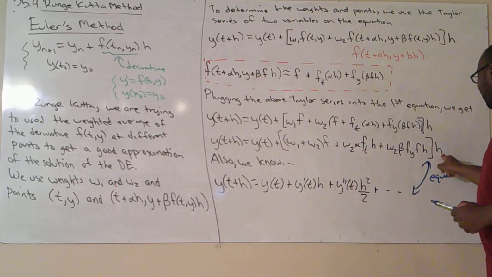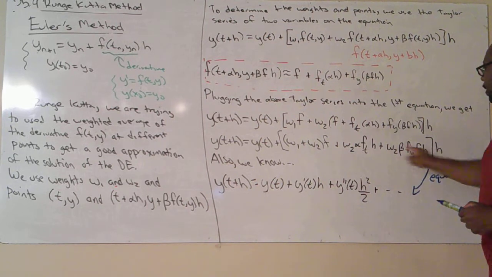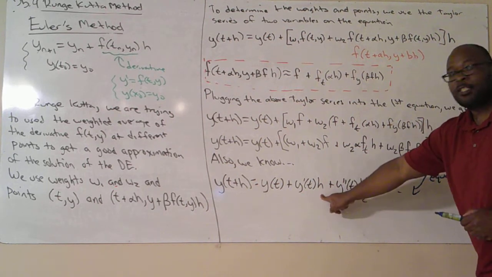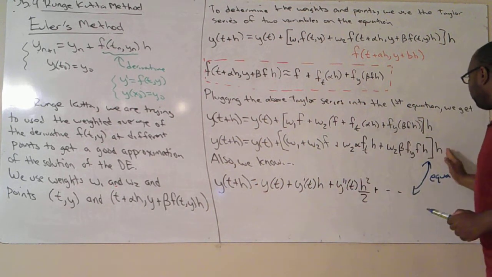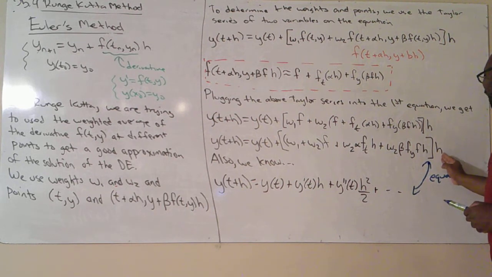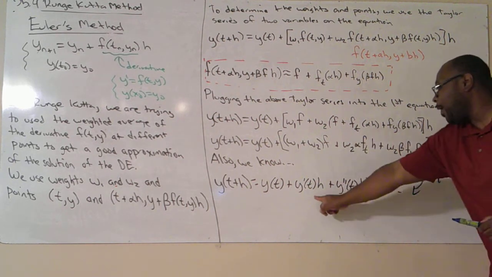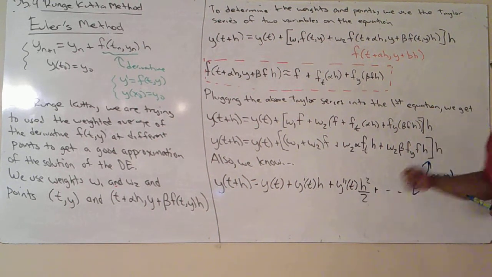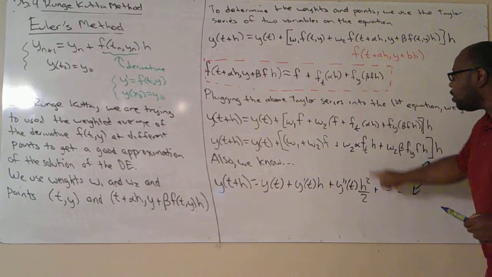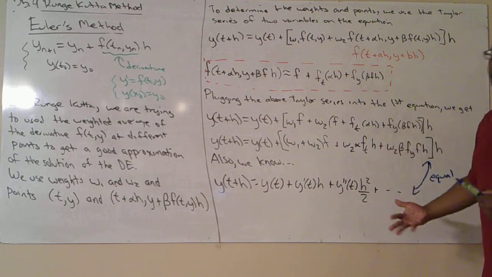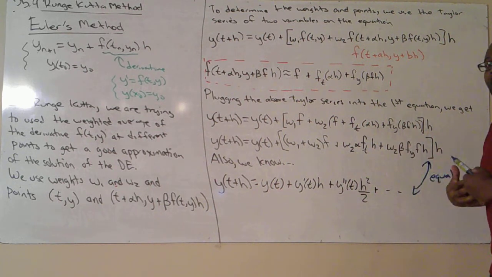I have this h times h, that gives me h squared here. H times h, I get an h squared here. H times this gives me my first term h. So if we distribute this h through, we get an h term and an h squared term, just like we have an h term and an h squared term here. So these two equations should be exactly the same.